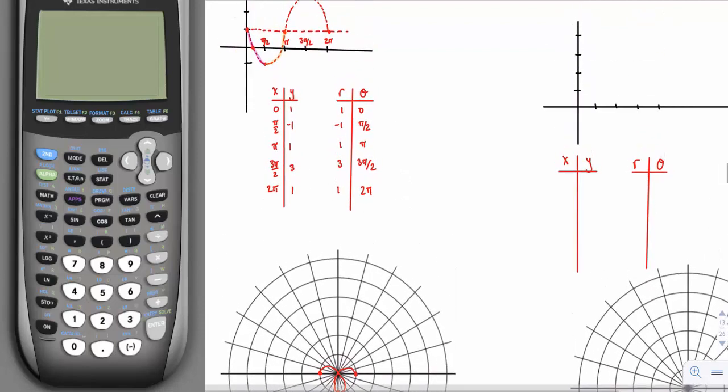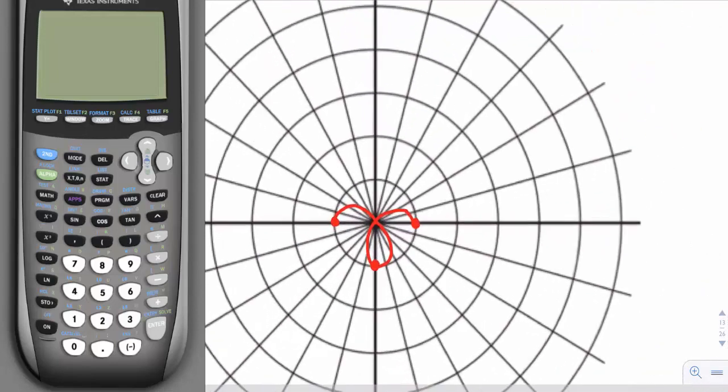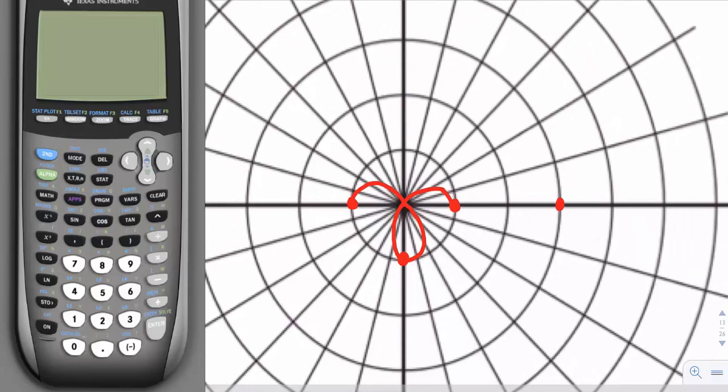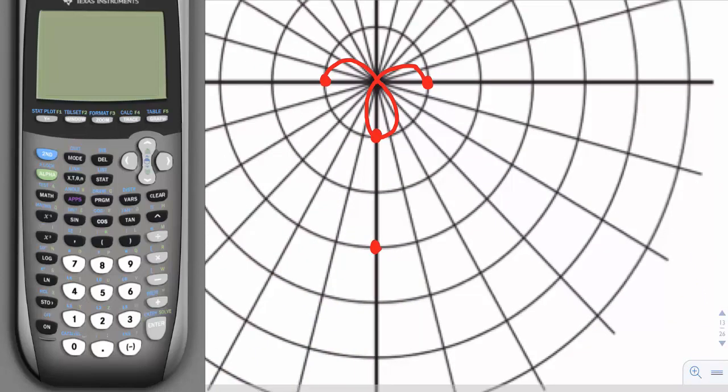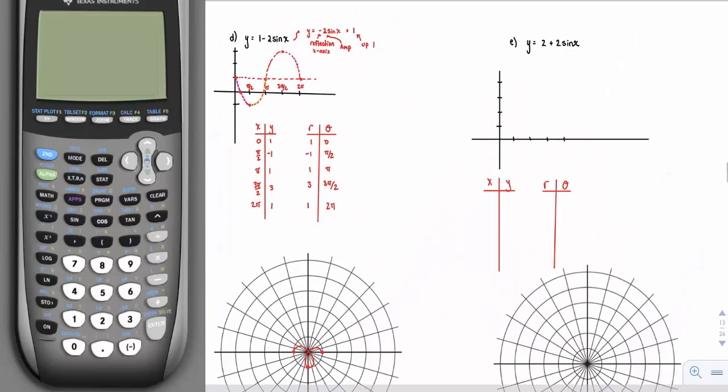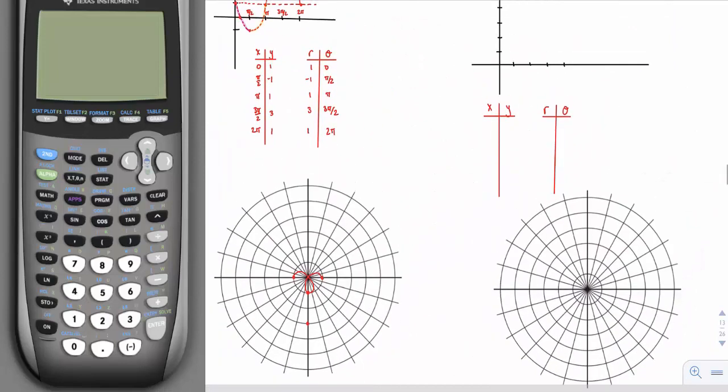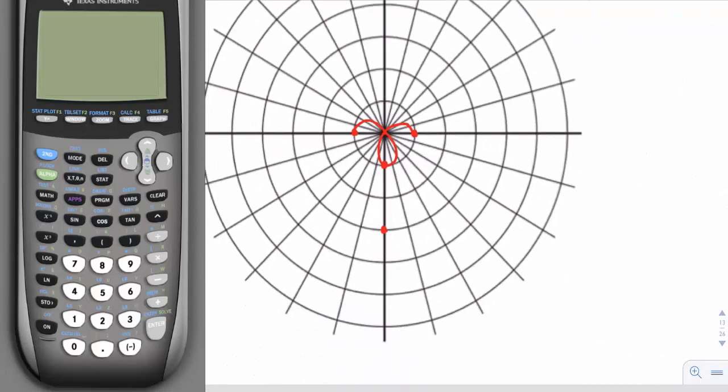All right, next up I have 3 pi over 2. So I'm going to go 1, 2, 3, and then I'm going to go 3 pi over 2. So I'm going to go all the way around, which brings me right here. So this one's a little bit easier to see as we're connecting these points. You're just going to continue this curve. So I'm just going to keep going.